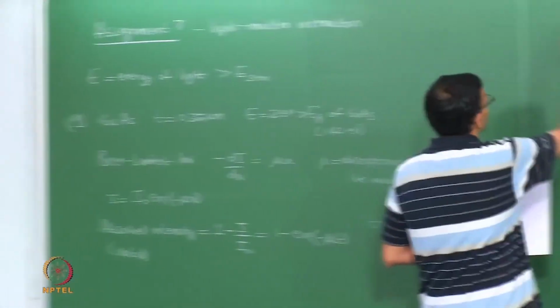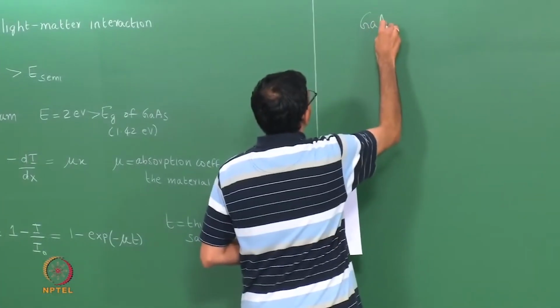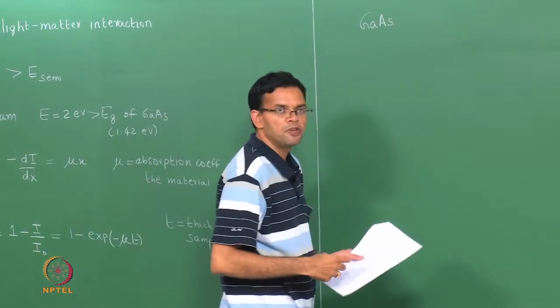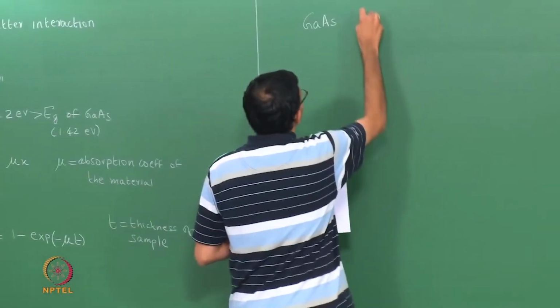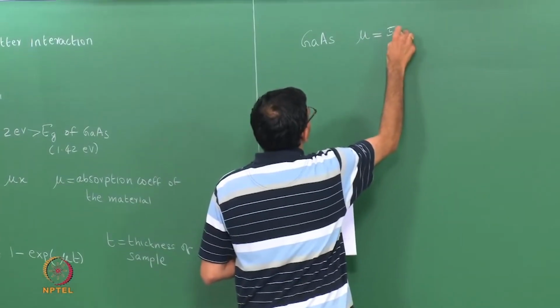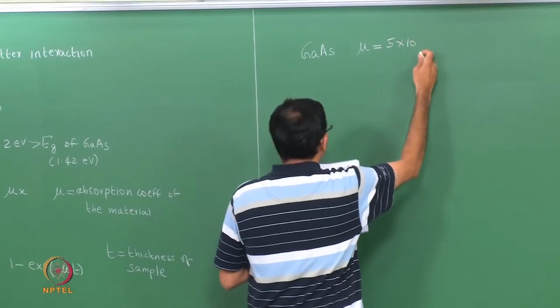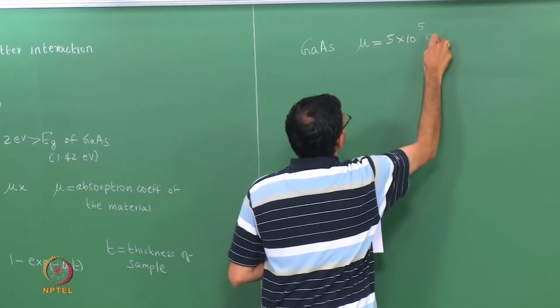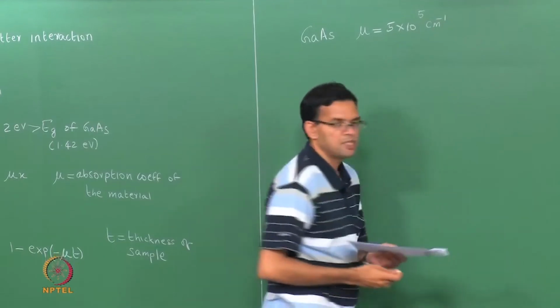So, for gallium arsenide, the absorption coefficient mu is given. So, mu is 5 times 10 to the 5 per centimeter.